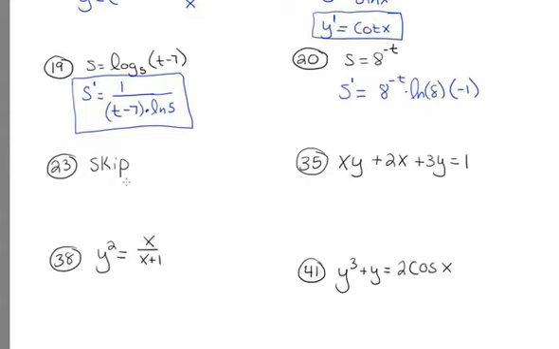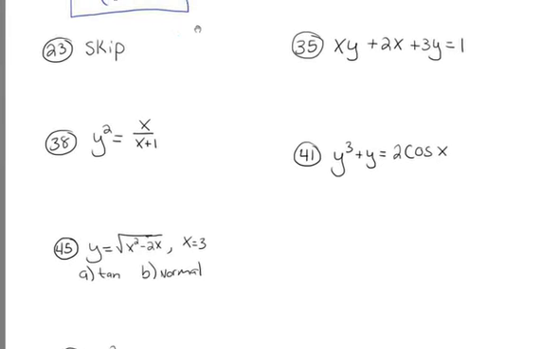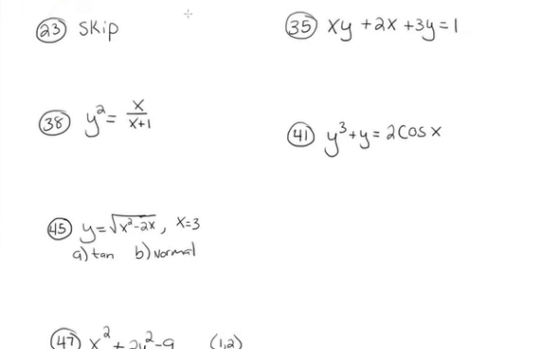Okay, and now we move into finding the derivative, and in this case on number 35, we'll have to do it implicitly. So these problems we will need to simplify.